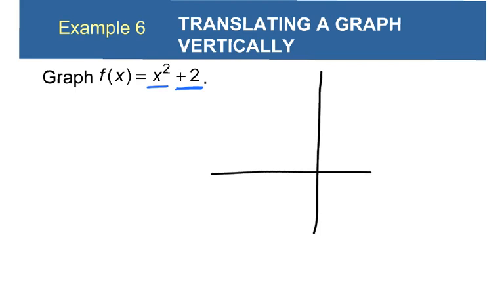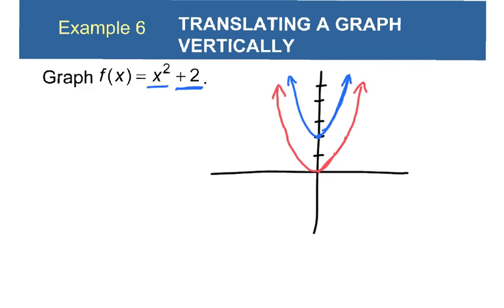So we're going to compare it a little bit to what that basic x squared graph looks like. Something like this, if you remember our basic function, x squared. And then the one that's being shifted up 2 units, the vertex would begin right here. And then the rest of our points would be graphed like that.